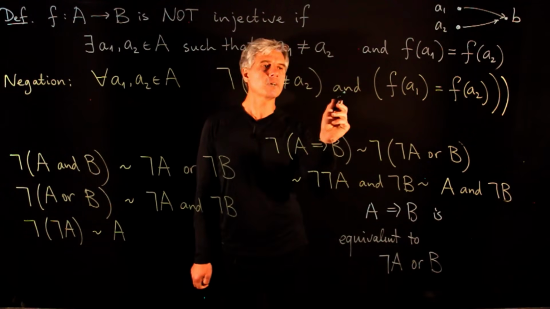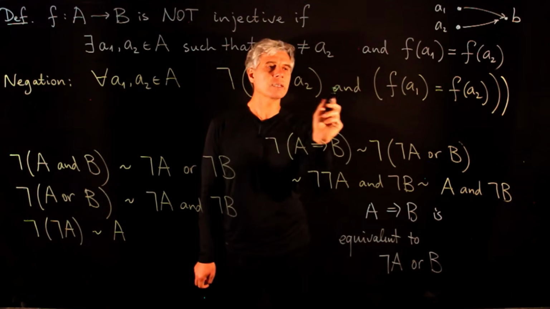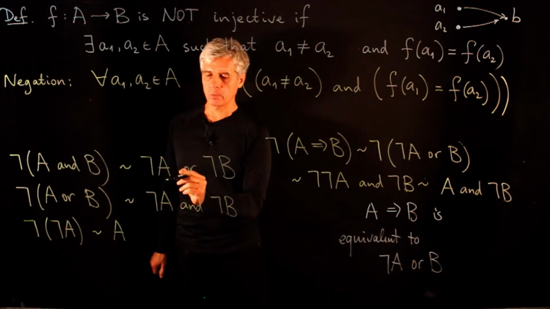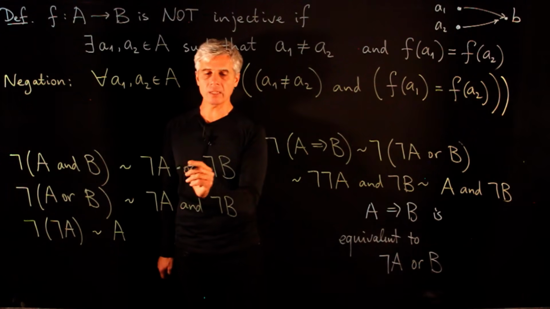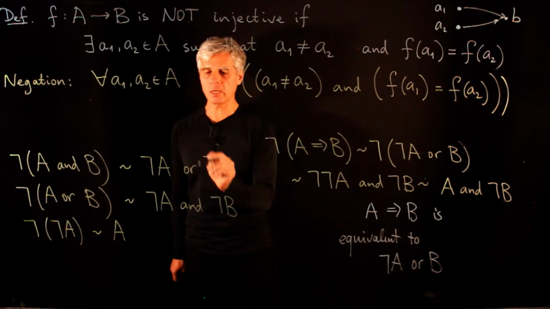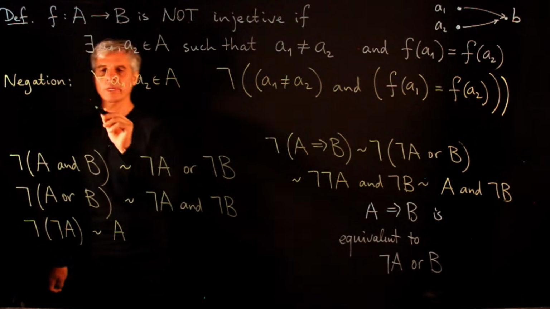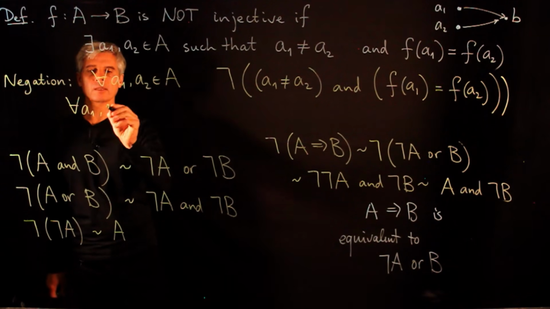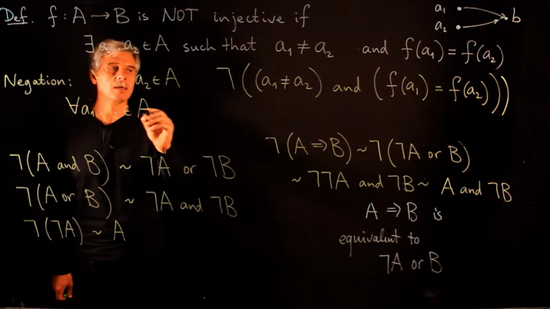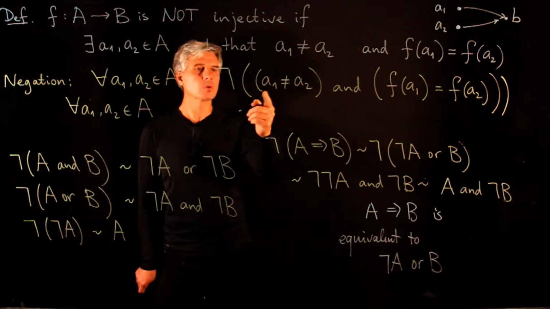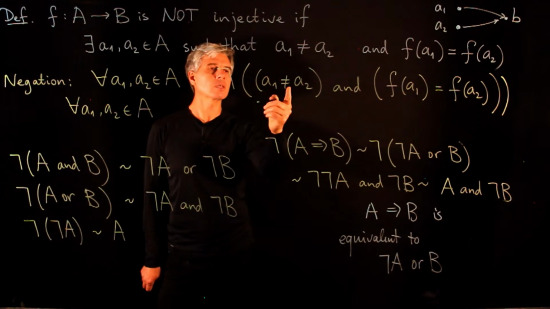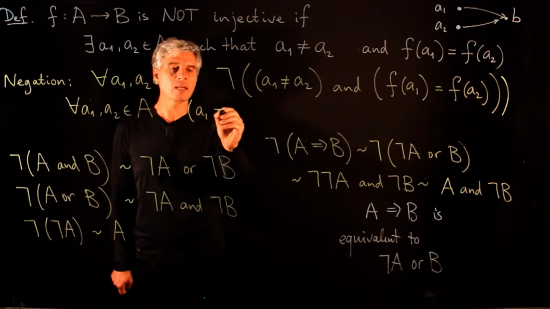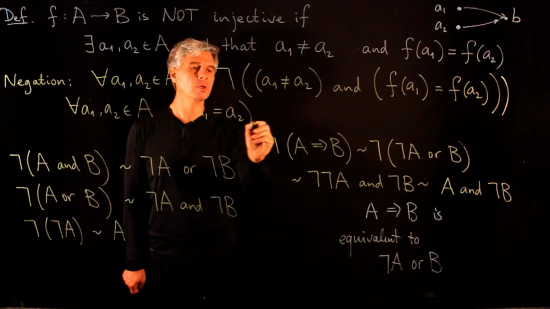Now let us simplify this. So here we are negating the AND statement. So to negate the AND statement, we have to negate each part of it and take an OR. So what we get is, for all A1 and A2 in A, we have the negation of A1 is not equal to A2. So this means that A1 is actually equal to A2.